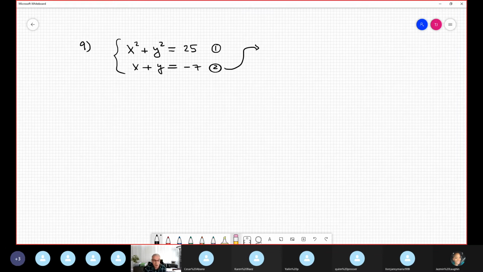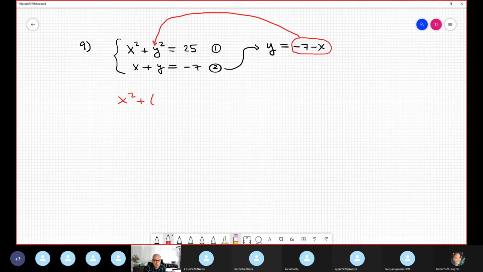And you solve for y or solve for x, either way. You solve for y: y is -7 minus x. And substitute this expression into the other equation, in place of y. So we have so far x squared plus parentheses, and you replace the y with this entire expression, that's (-7 minus x) squared equal 25. Okay, guys, wow, too many negatives, I don't like the negative, but it's okay because when you square it becomes positive.